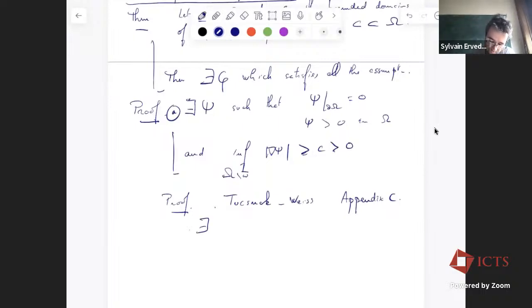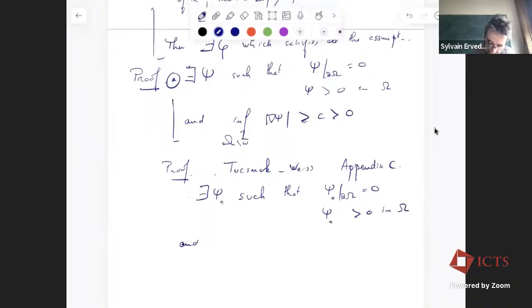If you want to see the proof, you can go to Tucsnak and Weiss. It is that there exists a function psi 0 such that psi 0 on the boundary equals 0, psi 0 is strictly positive in omega, and psi 0 has only a finite number of critical points.